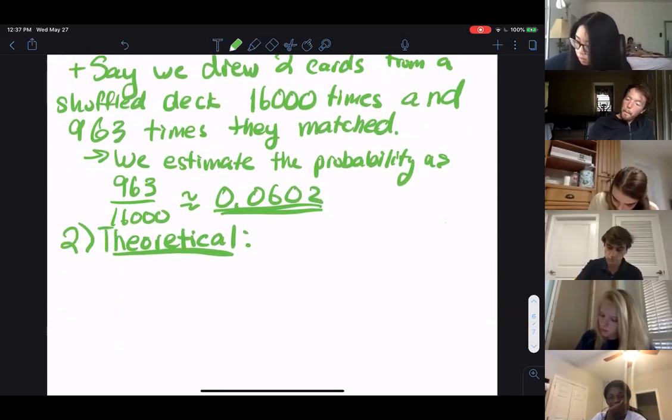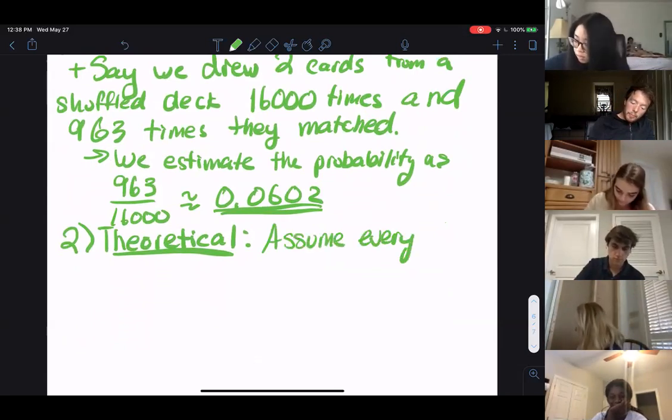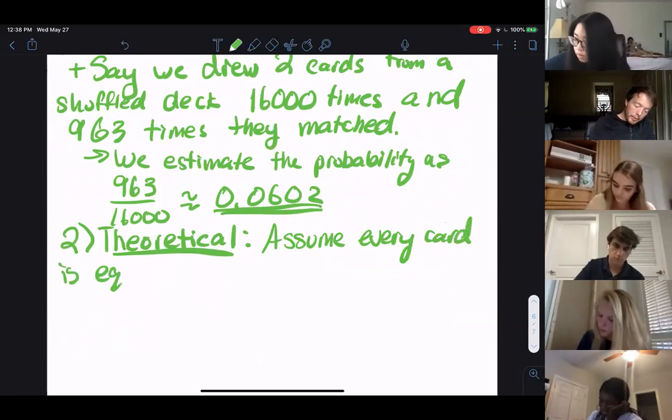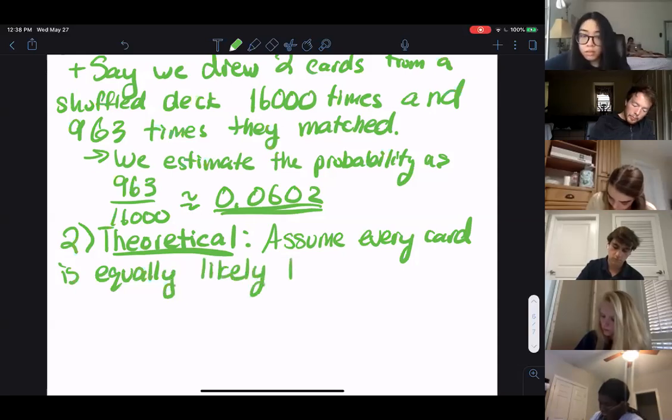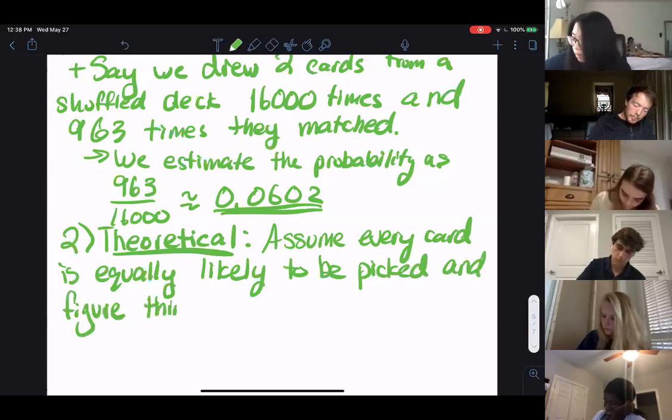And what we do here is we assume every card is equally likely to be picked. And from this assumption, we figure things out logically.